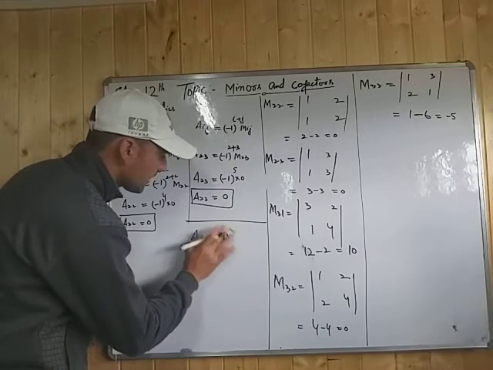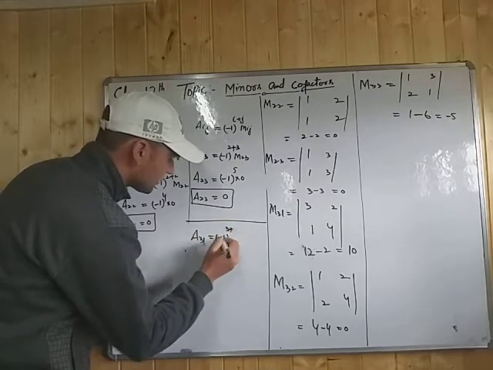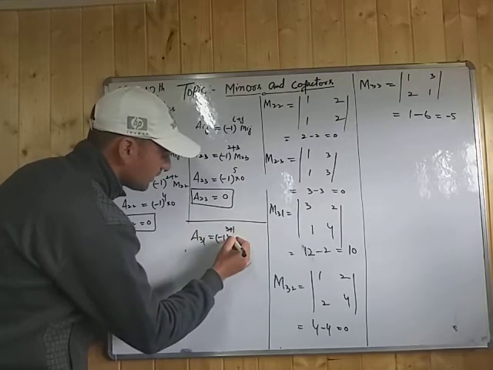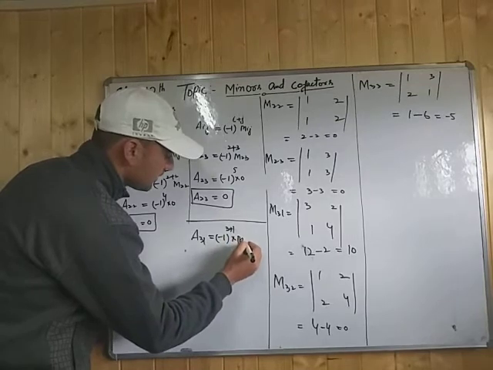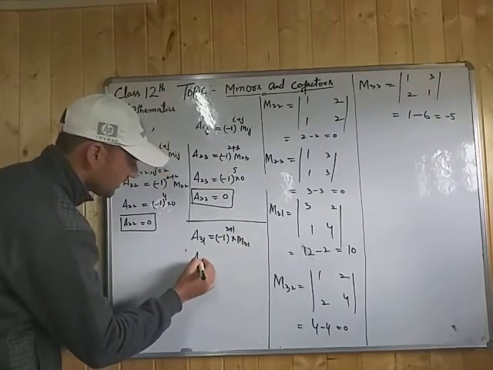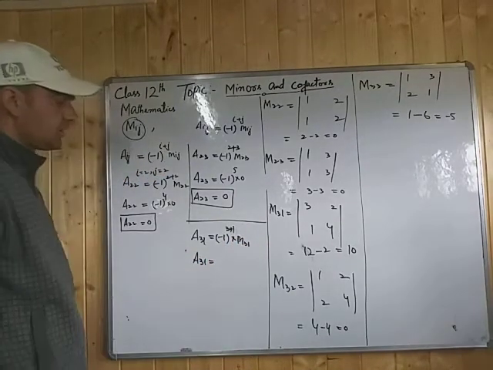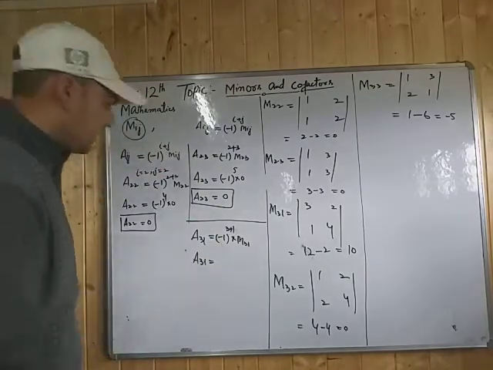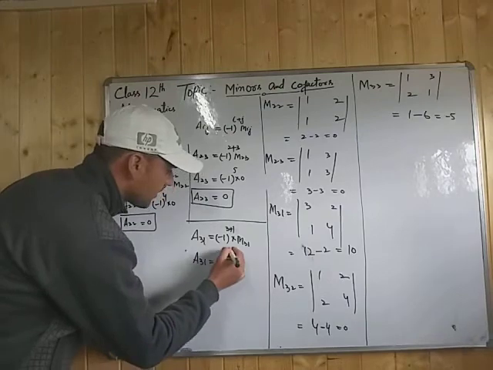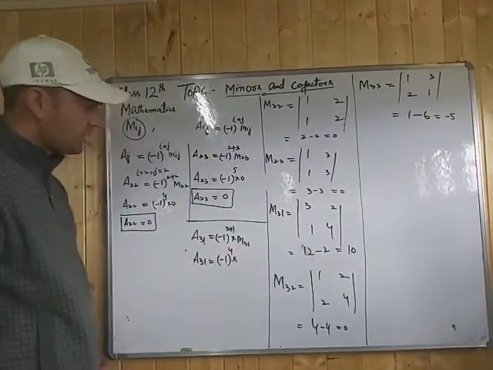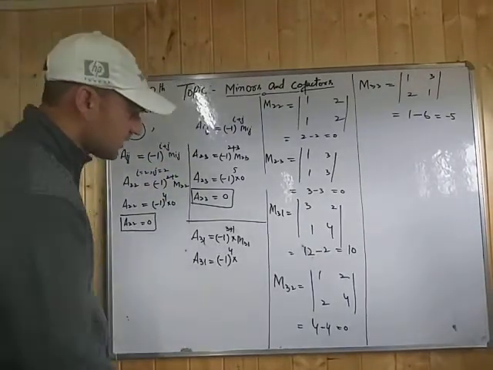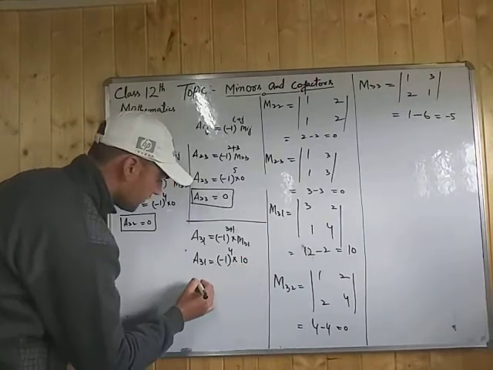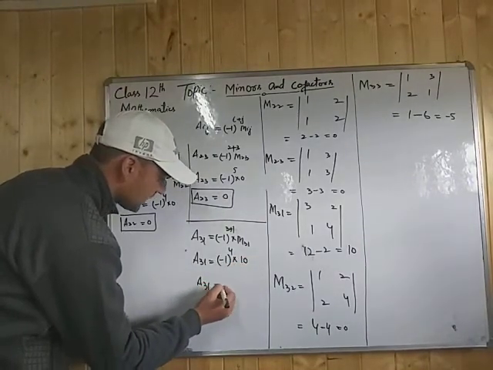So यहाँ पर आप देखेंगे i is 3, j is 1 into M31. So A31 is equal to minus 1 raised to power 4 into M31. So here M31 that is 10.